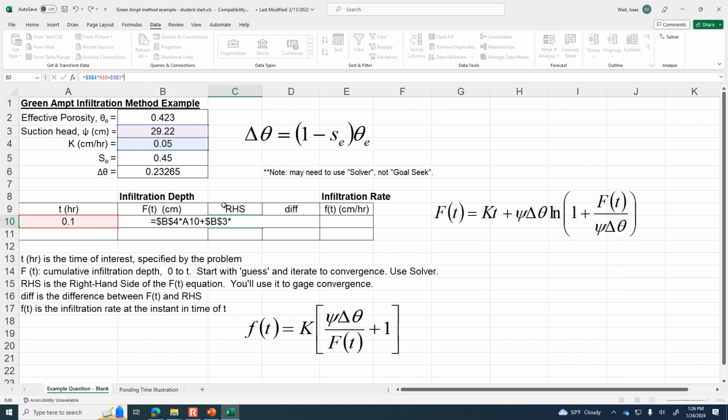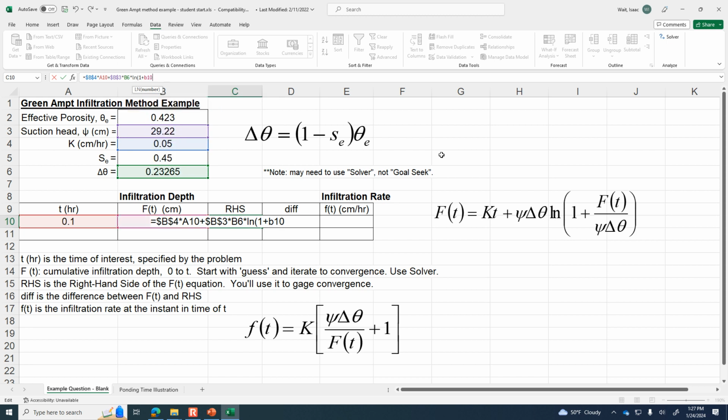So where did I leave off? I've got K times T plus the suction head multiplied by delta theta multiplied by the logarithm of 1 plus. Now I've got f sub t, and so I'm going to have to refer to my guess value, which is in B10.